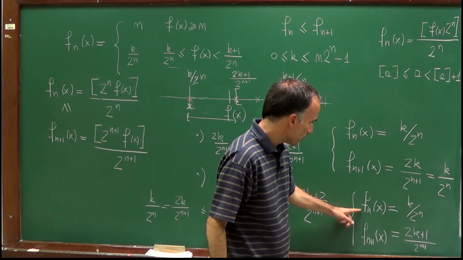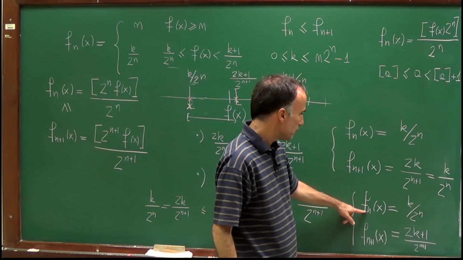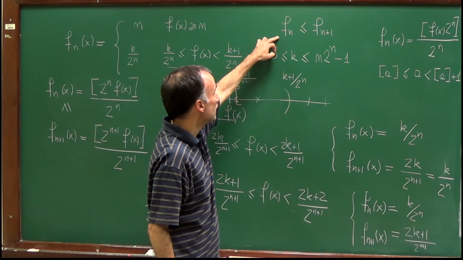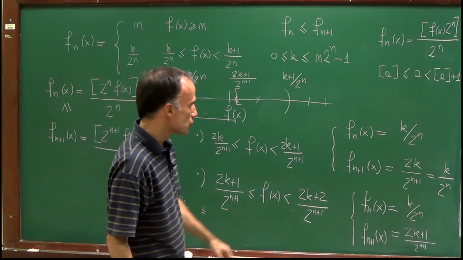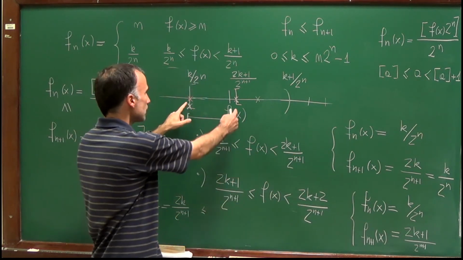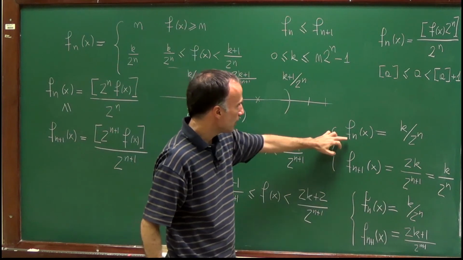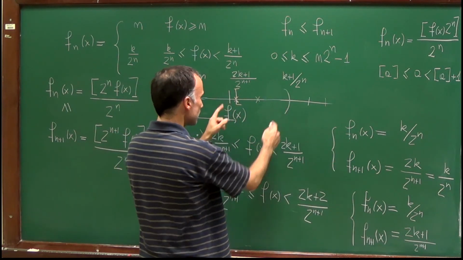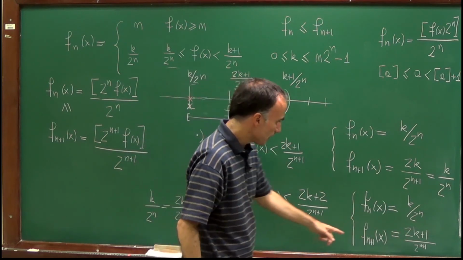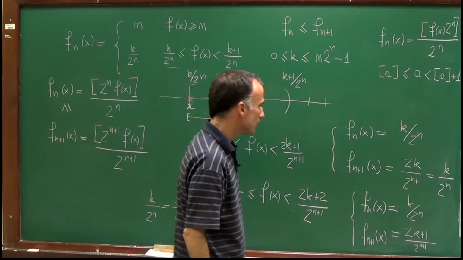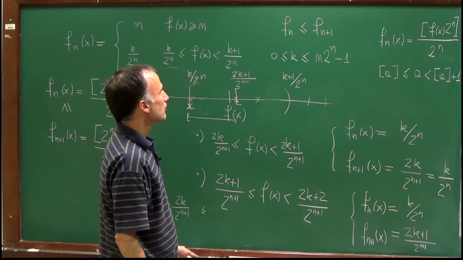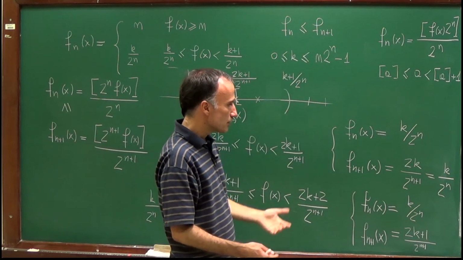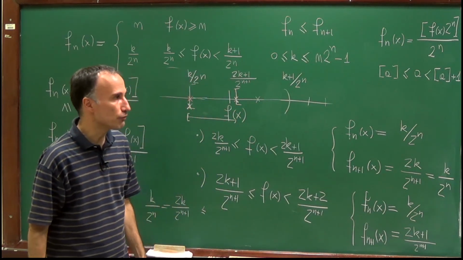And here we obtain that f_(n+1) is bigger than f_n(x), so this inequality holds also. So as we said at the beginning, if f(x) belongs to the first interval, f_n and f_(n+1) are equal, while if f(x) belongs to the second interval, then f_(n+1) is strictly bigger than f_n(x). But in any case, we always have the inequality, and this completes the proof of this lemma.